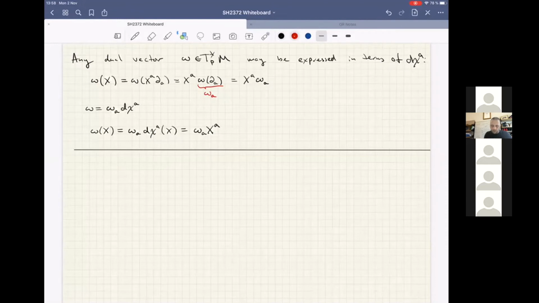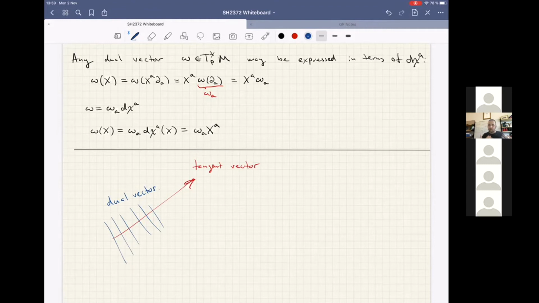And in a pictorial way, you might view tangent vectors as arrows. So this is a tangent vector. Whereas a dual vector would be more akin to level curves. So this would be a dual vector. It tells you how something changes.